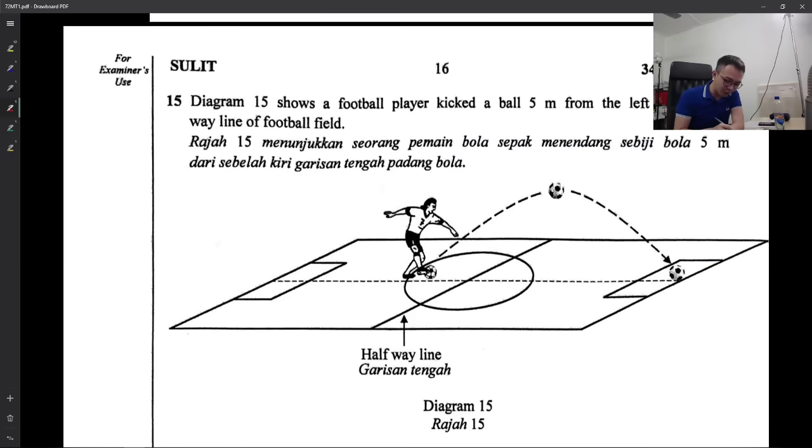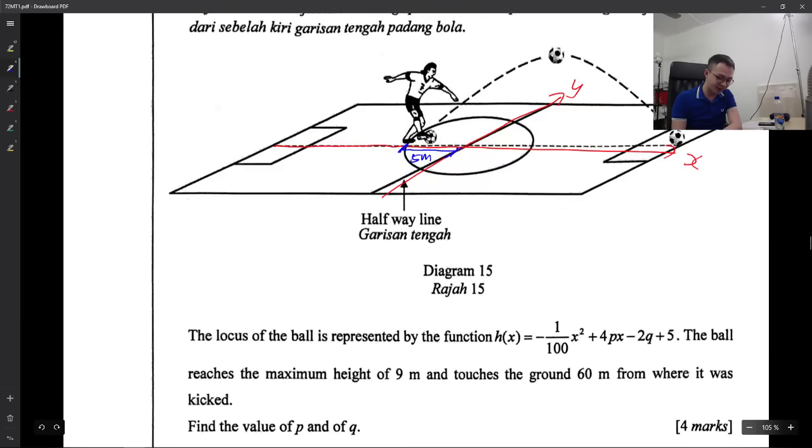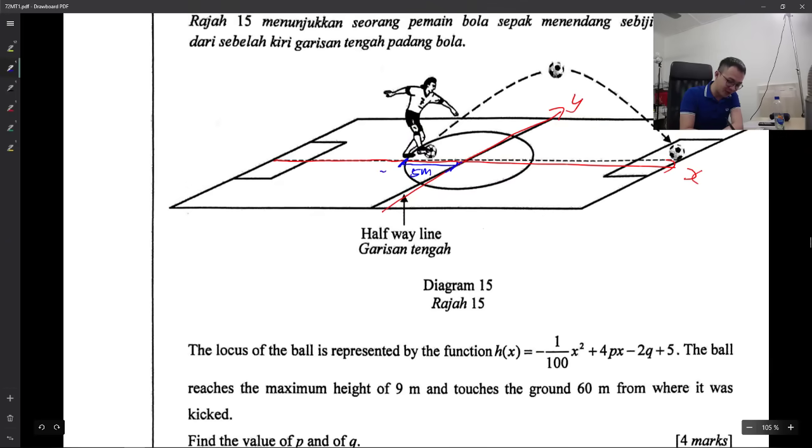Over here, maybe I assume this is the x-axis and this one will be my y-axis. The question is a bit three-dimensional, but I hope you can see. The question tells you it is 5 meters on the left, so I assume the distance here is 5 meters. Therefore, I assume this coordinate is something like -5.